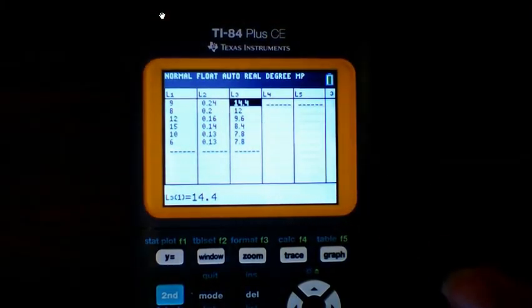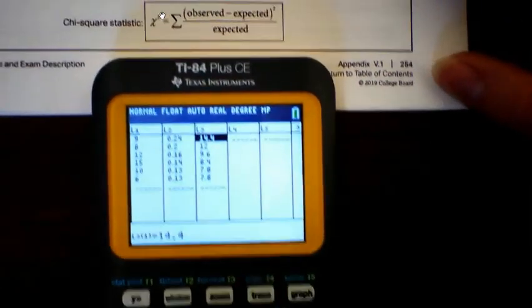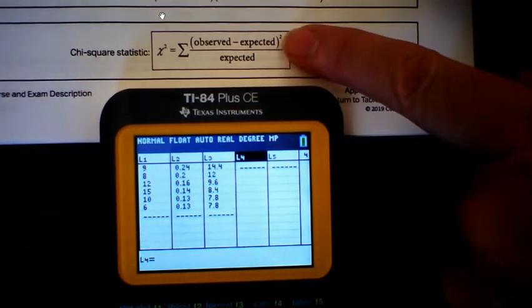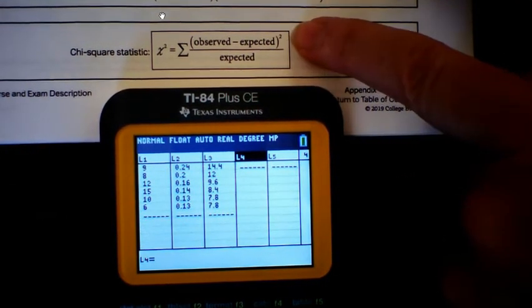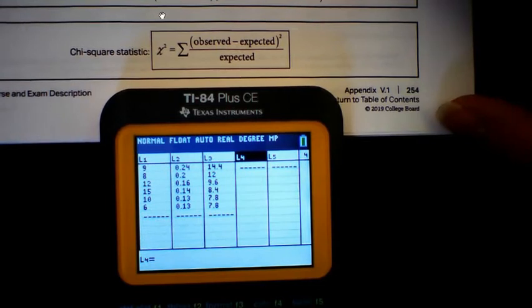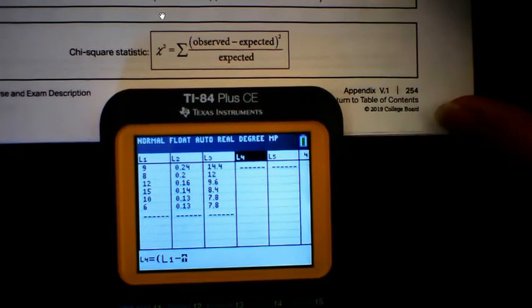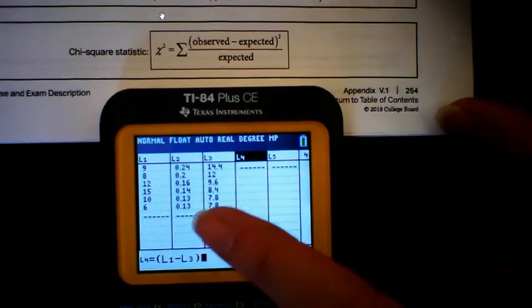And now, being mindful of what the formula is, I'm going to take my observed and subtract my expected and then square them. So I'm going to start my parentheses, and take the L1 list and subtract the L3 list. You are not able to work with the proportions.